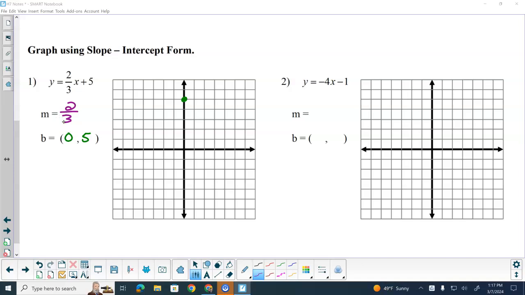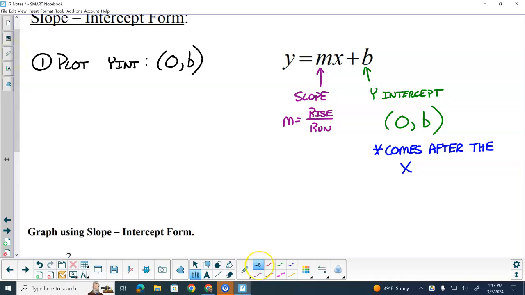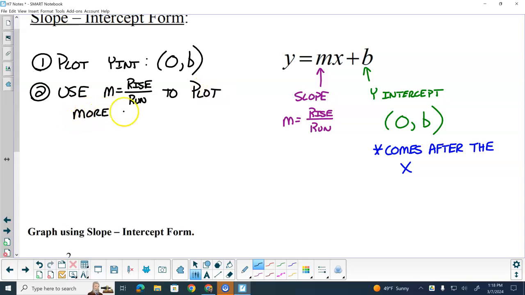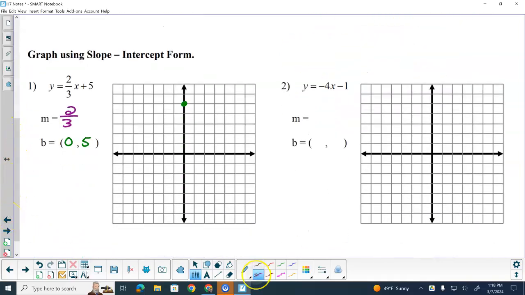So the next step is we use the fact that our slope is rise over run to plot more points.